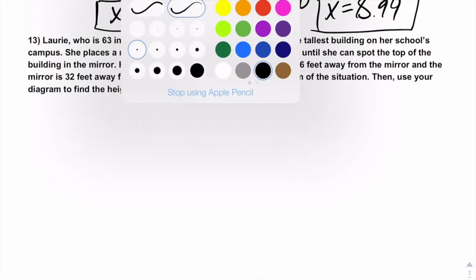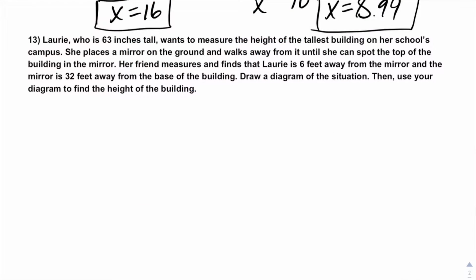Okay, so let's take some information out. 63 inches tall, 6 feet away, 32 feet away. Alright, let's try to draw it. So 63 inches, everything is in feet, but that's in inches. So let's convert it. 12 inches is 1 foot, so we're going to divide 63 by 12.